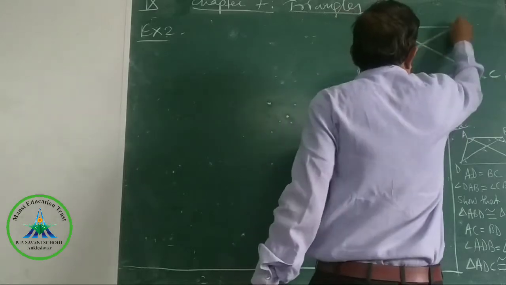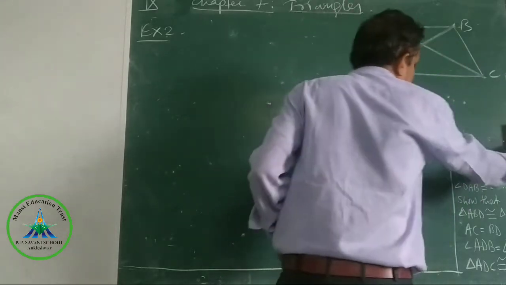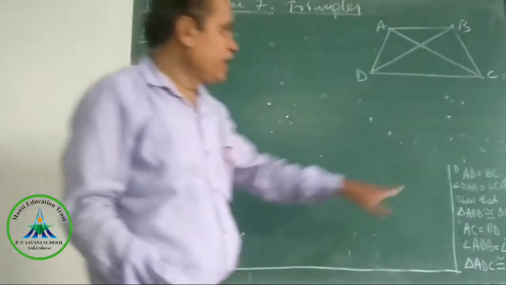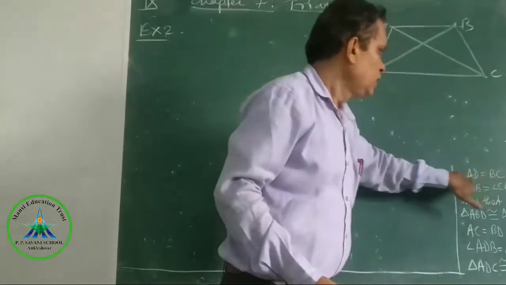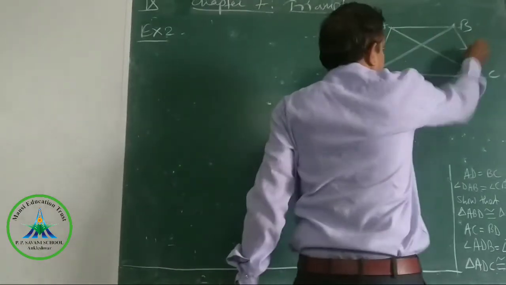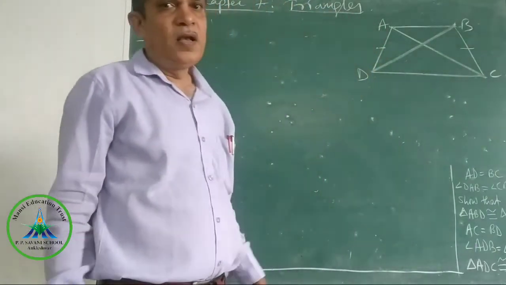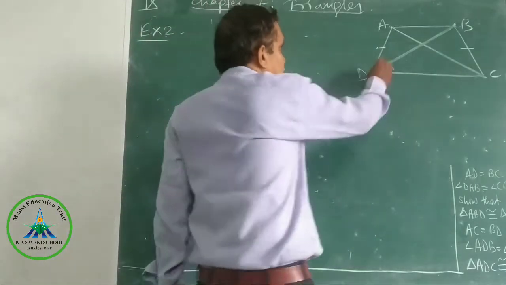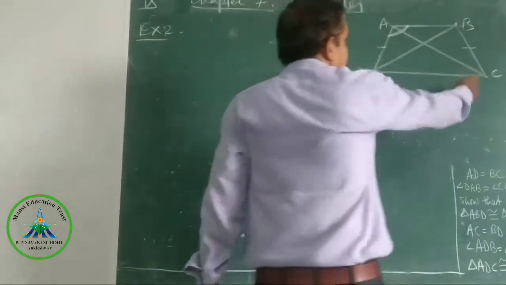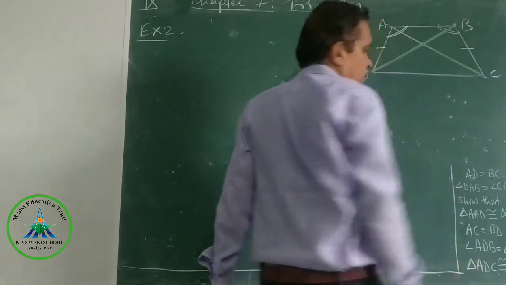The diagram is already given. You are given AD equal to BC. Angle DAB equal to angle CBA.